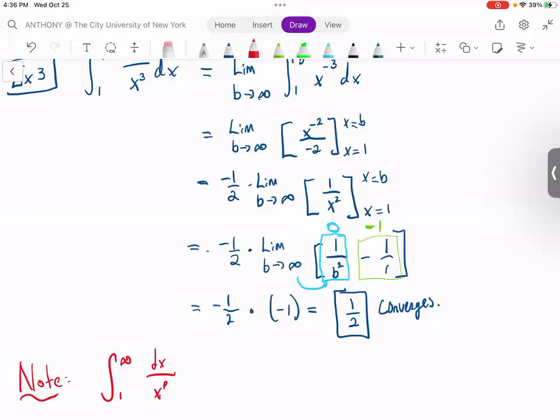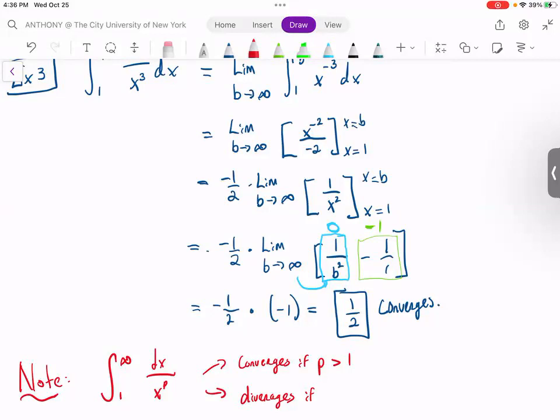And we say the following. If you have this type of integral, depending on your power p, it will either converge or diverge. It converges if p is greater than 1, and it diverges if p is between 0 and 1, including 1.